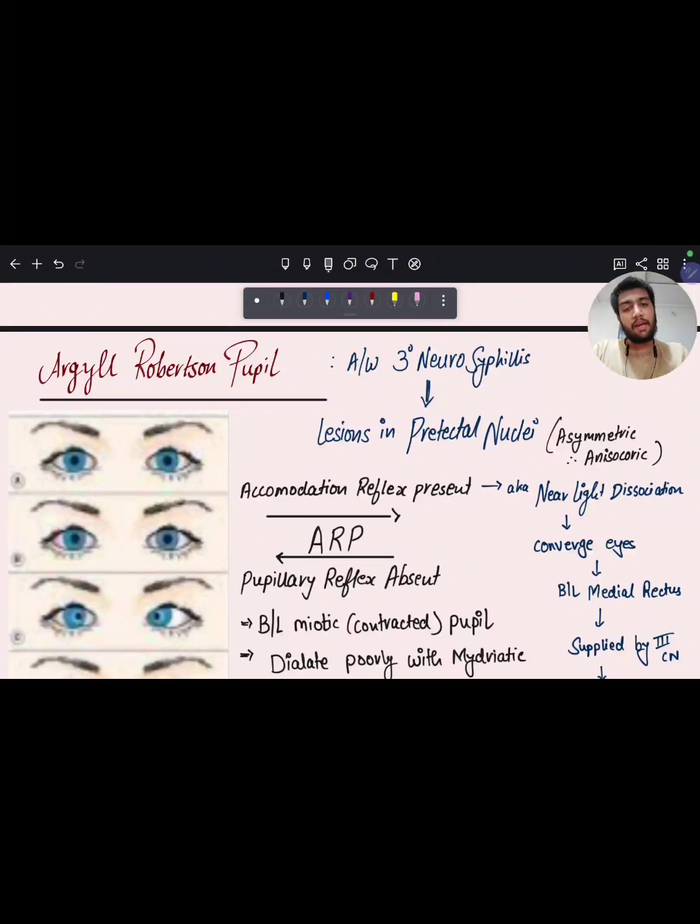Talking about a condition where mostly patients of tertiary neurosyphilis present with Argyll-Robertson pupils, the main pathology behind such pupils is a lesion in the pretectal nucleus. Also, Argyll-Robertson pupil is an example of asymmetric anisocoria, that means the left and right pupils are both asymmetrically constricted.